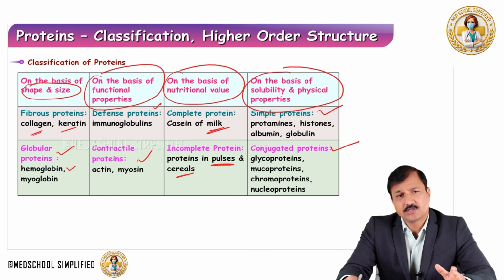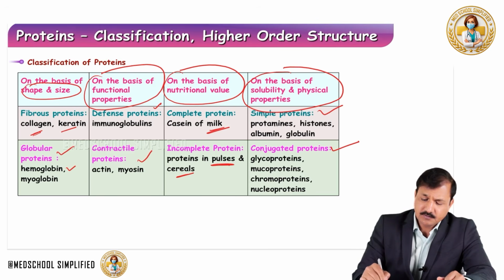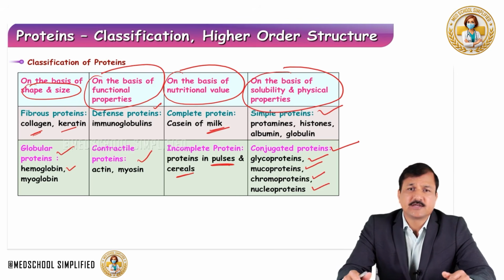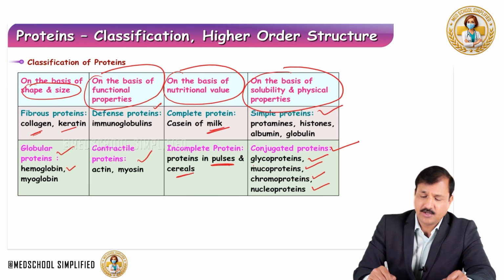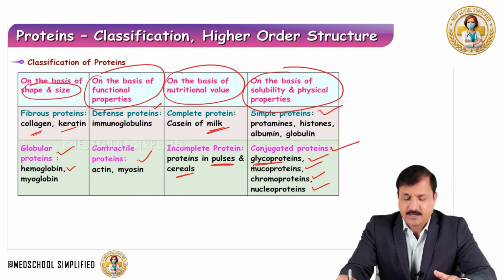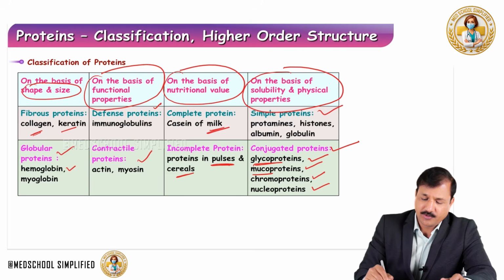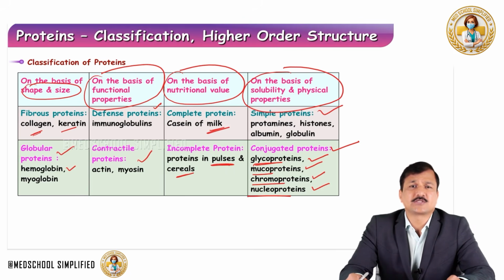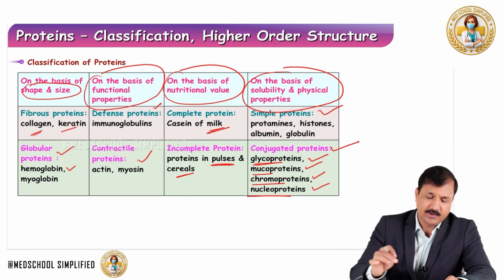Conjugated proteins, when hydrolyzed, release some other component along with the amino acids. For example, glycoproteins are composed of carbohydrate and amino acids. Then we have mucoproteins, chromoproteins, nucleoproteins. So protein plus a prosthetic group containing molecules are referred to as conjugated proteins.